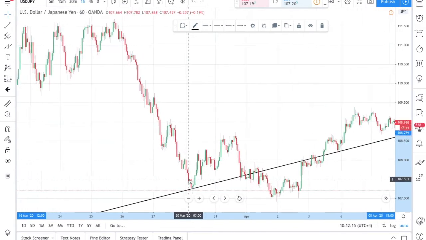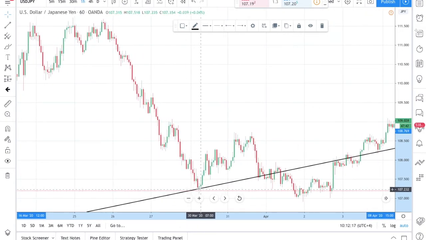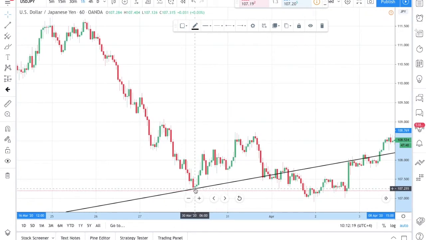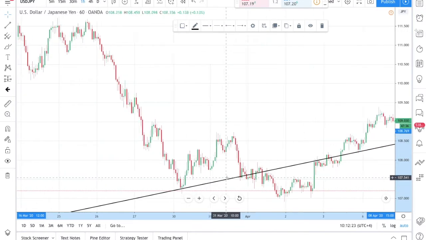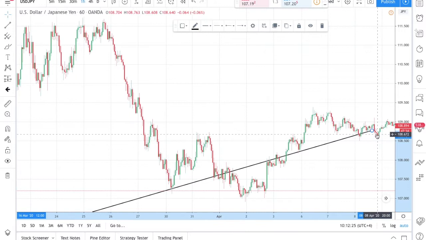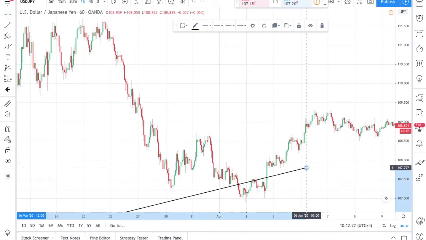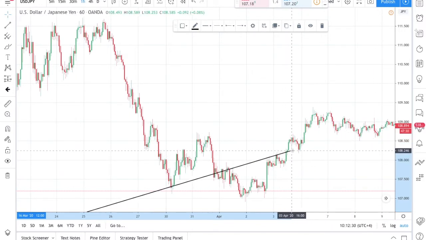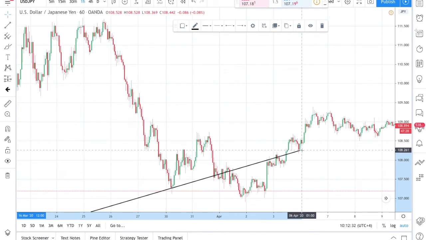Look at this trend line. It's not where the candle closed. It's a little bit down. That's why you have to be so careful when you're drawing the trend line.